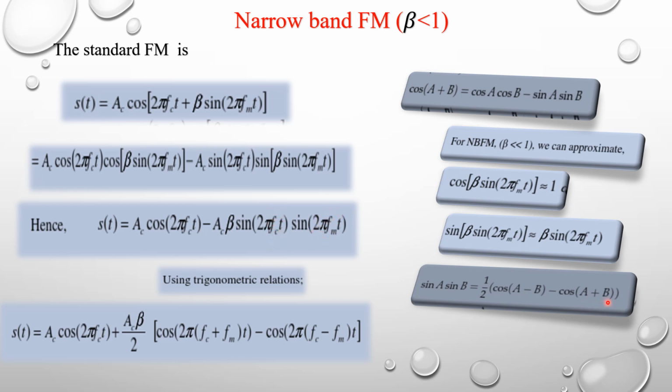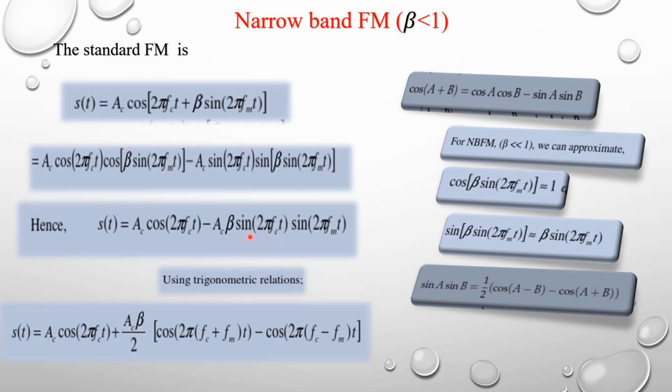So cos(A plus B) is cos 2 pi(fc plus fm) t, minus cos 2 pi(A minus B), where A equals fc and B equals fm. So we get cos 2 pi(fc minus fm) t. Just expand the equation.